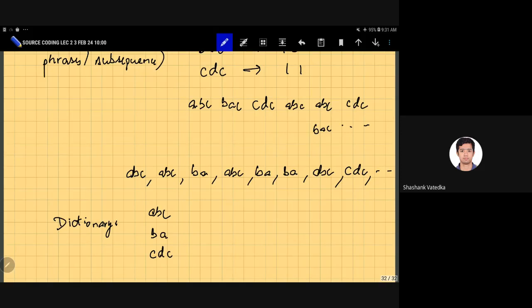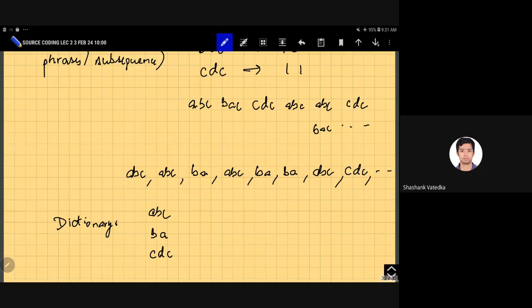Now these are all special cases. I'm not really telling you yet how you identify the phrases. A good compression algorithm should assign shorter code words to phrases which occur more often, and longer code words to phrases which occur less often.